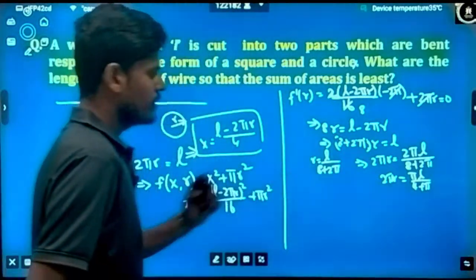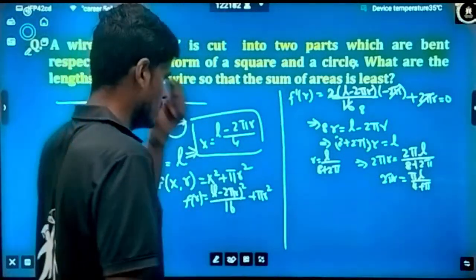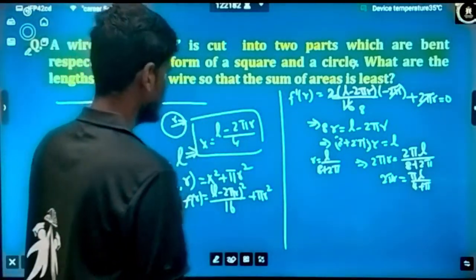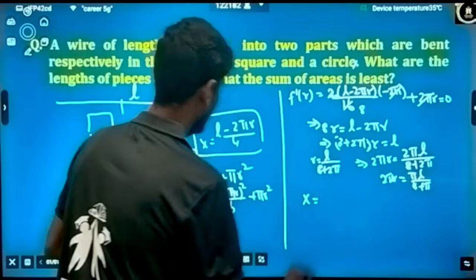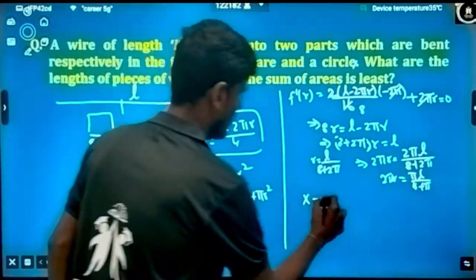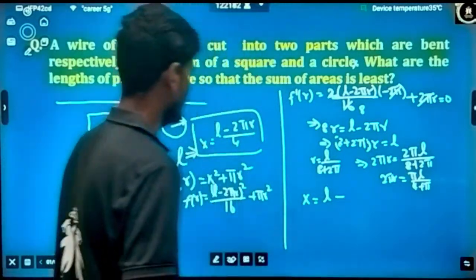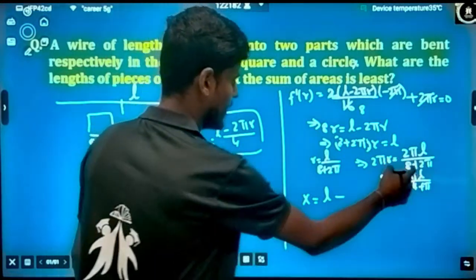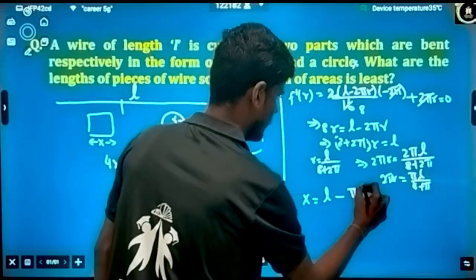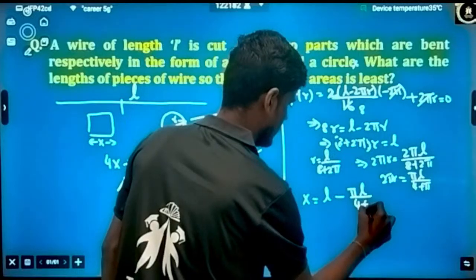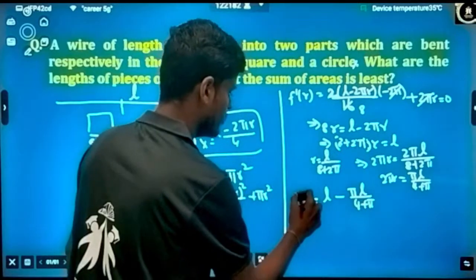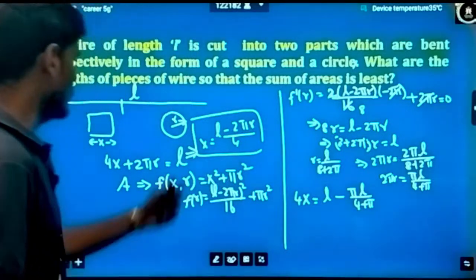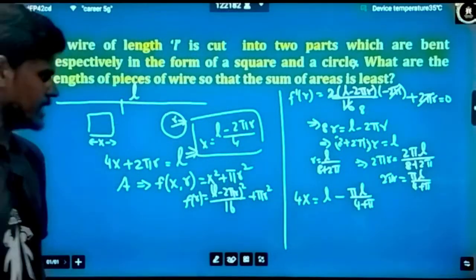Next, what we need to do? Find the value of X. So what is X? X is equal to (L minus 2 pi r) divided by 4, that is, L minus pi L by (4 plus pi), divided by 4. So we can take 4 to the other side, and 4X is nothing but the perimeter of the square region.